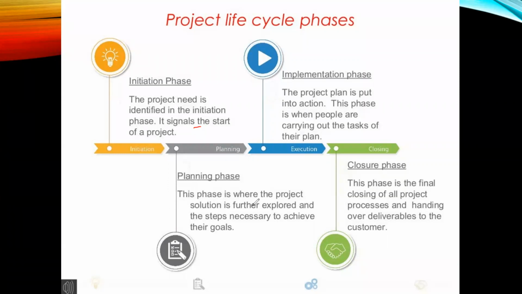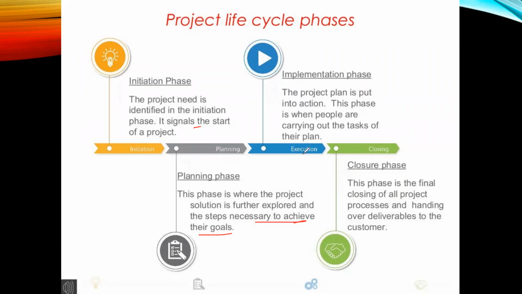Next comes the planning phase, which is where every kind of problem is yet to be solved. And this is where we explore, as mentioned, the steps necessary to achieve our goals. Of course, afterwards comes the execution phase.